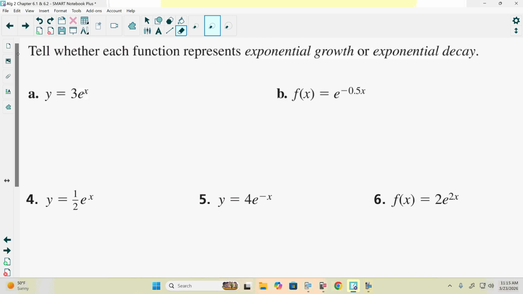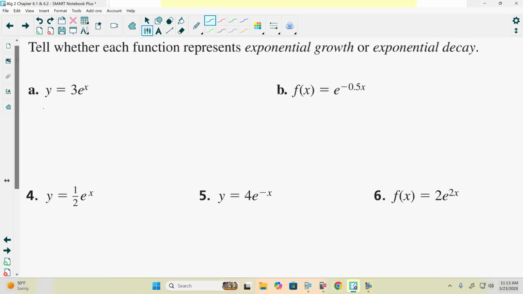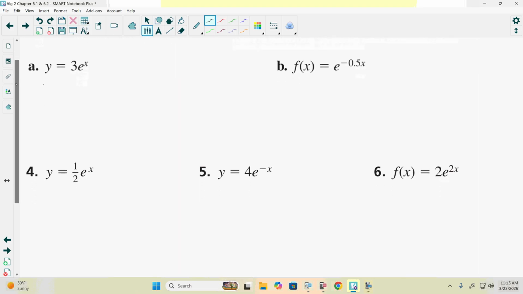So really, when we see that that base is e, I'm not so much looking at what the number is. I'm looking at the exponent. So this first one here, 3e to the x. 3 is not telling us anything. It's growth, because the exponent here is positive.